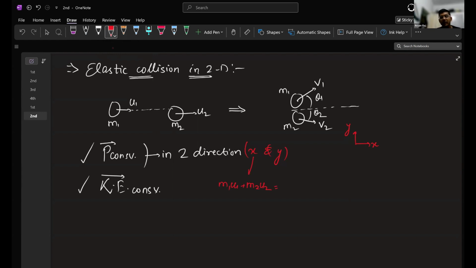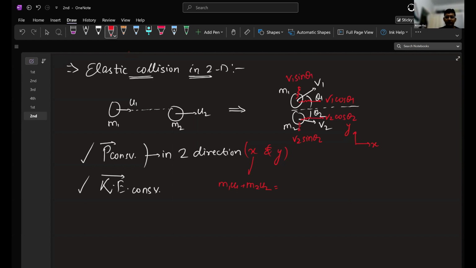And the final momentum would be what? We'll have to break these into components. For m1: V1 cos theta 1 and V1 sin theta 1. And for m2: V2 cos theta 2 and V2 sin theta 2.